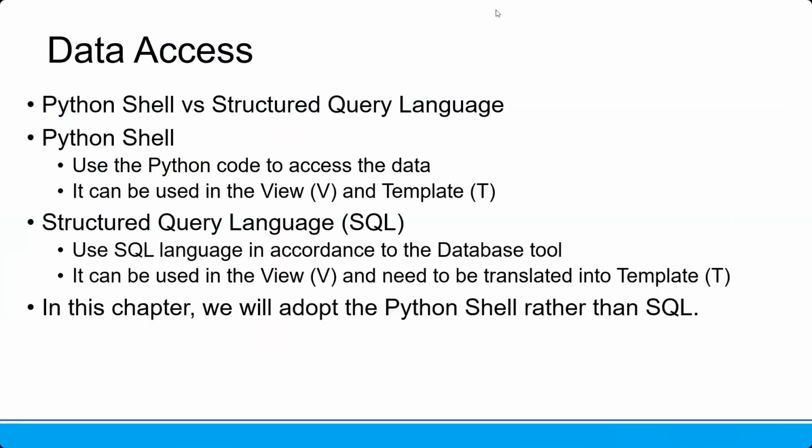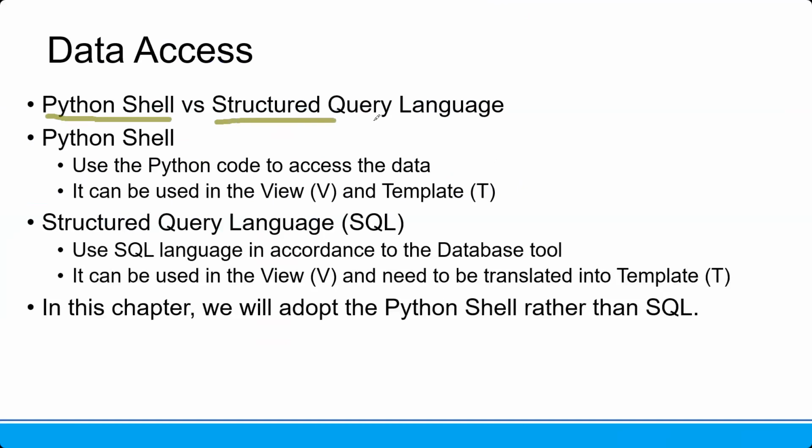In the Django framework, there are two ways to access the data. First, we can use the Python shell, which means the keywords will be in Python, and you can access the data with Python commands.